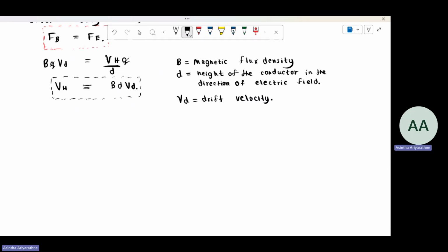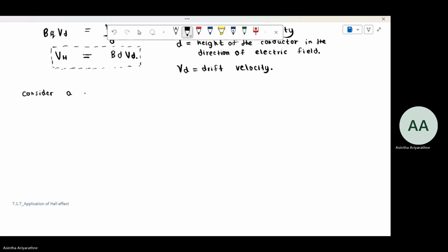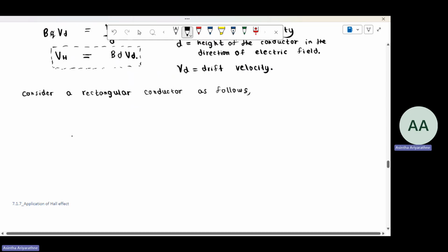Right. So then let's try to get another expression for the Hall voltage, in terms of I. Consider a rectangular conductor as follows.